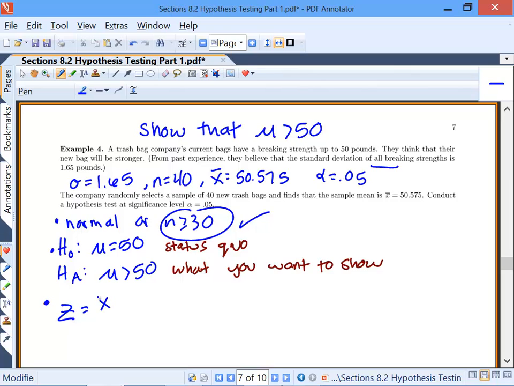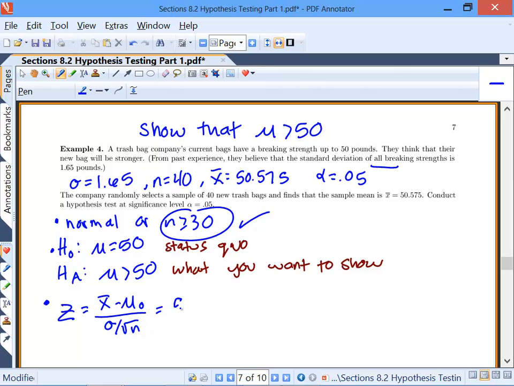So z equals x bar minus my hypothesized value for the mean over sigma over the square root of n. Okay, this formula should look really familiar. When have you seen a formula like this? When you found probabilities for the sample means, the only thing that's different is we have that little 0 there on our mu to remind ourselves that it is our hypothesized value. We don't know the true value, it's our best guess.